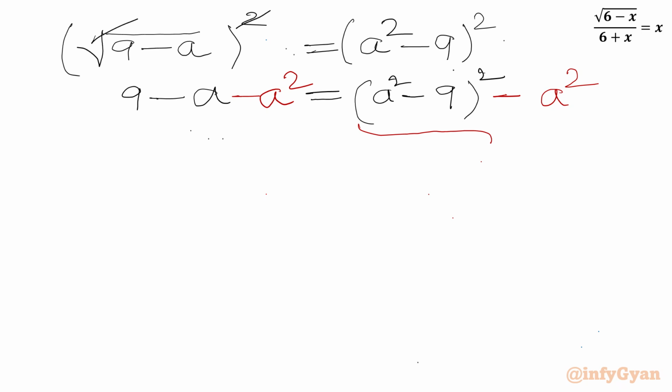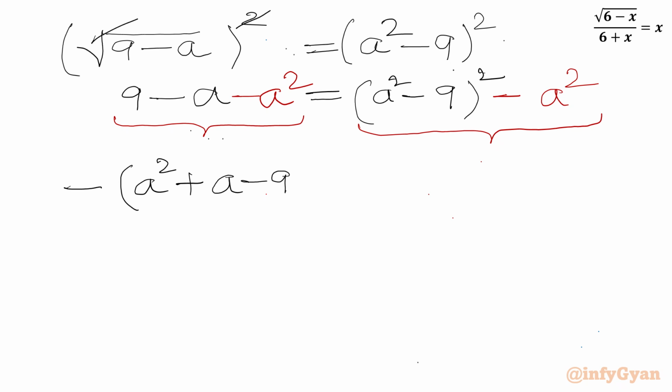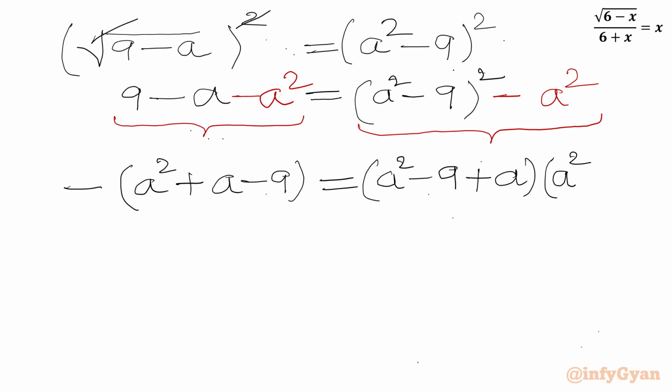Now in RHS we can apply a square minus b square formula, and in LHS we will take minus 1 common out. So we will get minus of a square plus a minus 9, and RHS will be a square minus 9 plus a in one bracket. This is a plus b formula times a minus b. So a square minus 9 minus a.